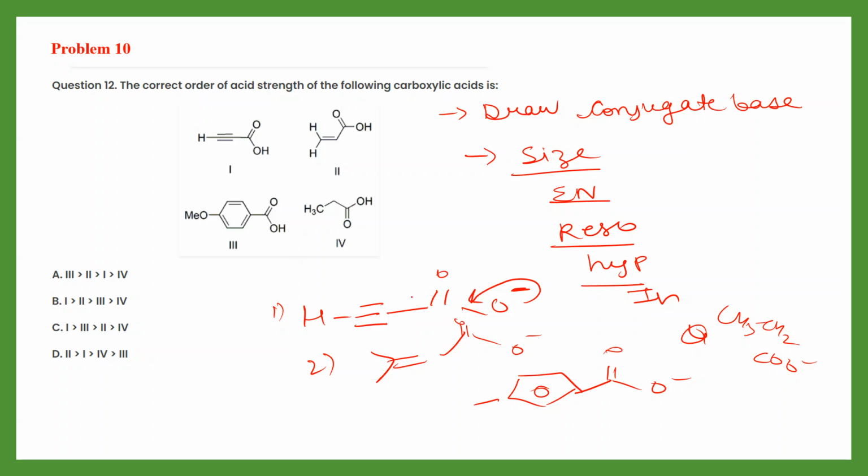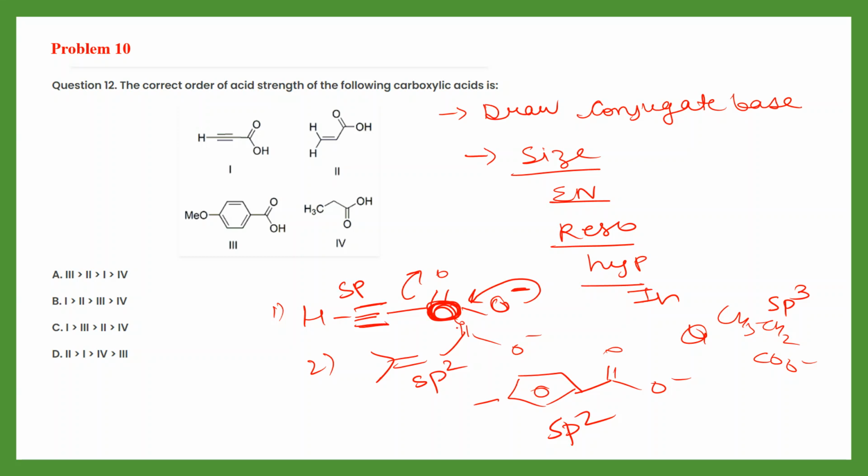So there are only two possibilities. This negative charge will migrate onto this oxygen and this oxygen only by resonance. So we have to see here. This group is what? An sp carbon is there. This is sp2. This is also sp2. So among all four options, this is an sp3 carbon.